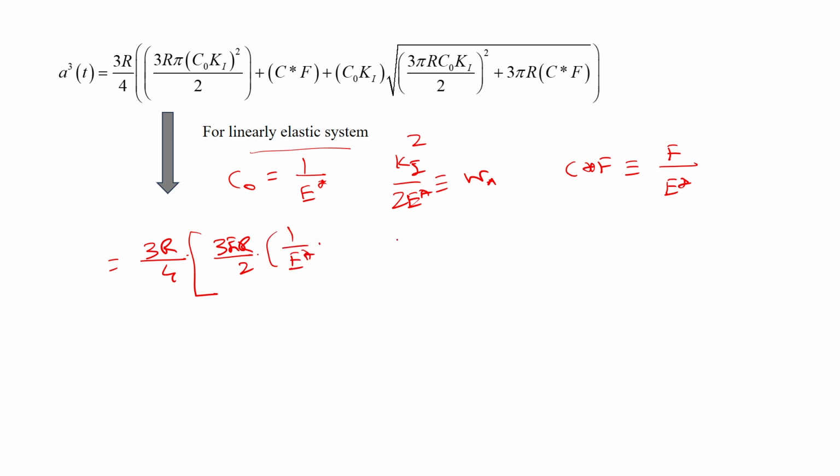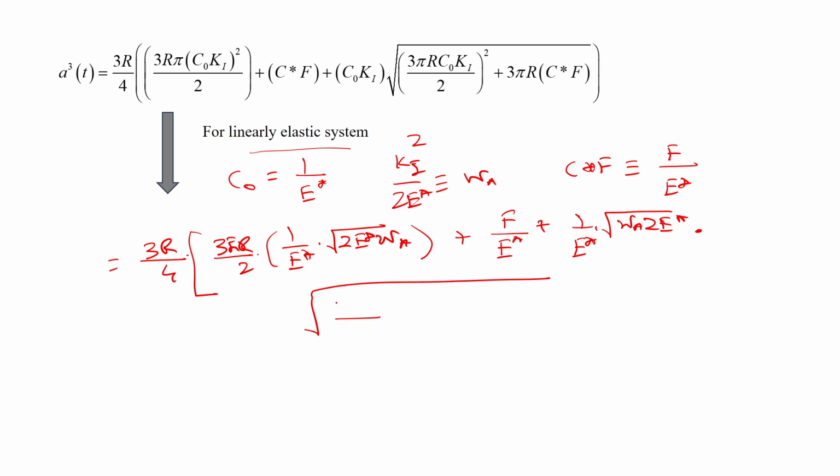So, Ki is equal to the square root of 2 E star Wa, square, okay, plus C star F is F by E star over here, plus this is C0 is 1 upon E star and Ki is the square root of 2 Wa E star, into the square root of 3 pi r by 2, and C0 is 1 upon E star and Ki is the square root of 2 Wa E star, okay.